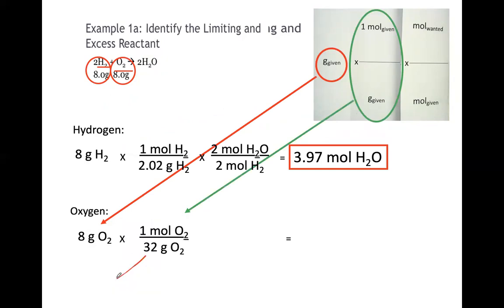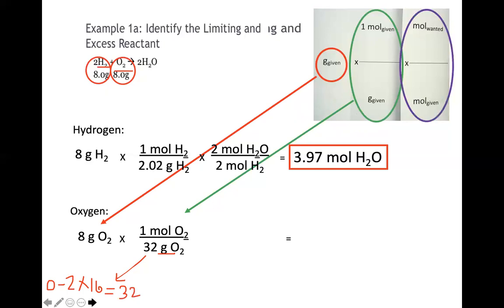Again, remember, please, please, please, if you have grams, it's molar mass. That's going to require you to, off to the side, count your atoms of oxygen multiplied by the mass that you find in the periodic table. And that's where this 32 came from.